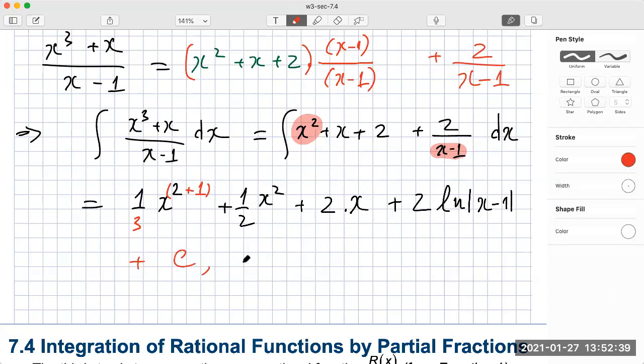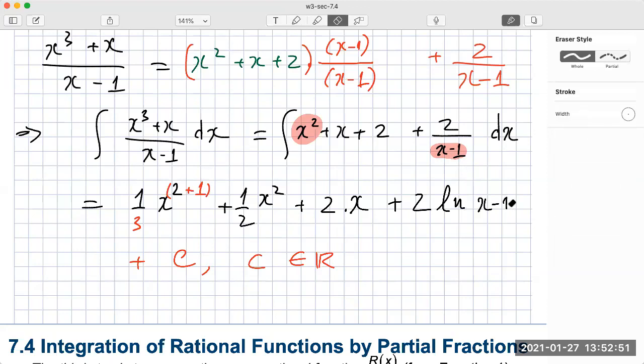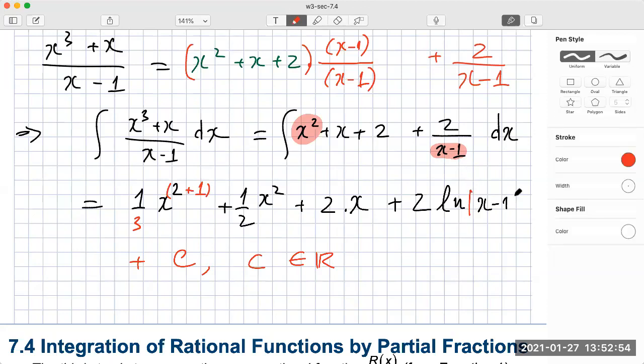And remember to add a constant. Okay? Remember here, this guy, we should take the absolute sign here. Is there any question with this one? Are we good? Clear? Very good. That's it.